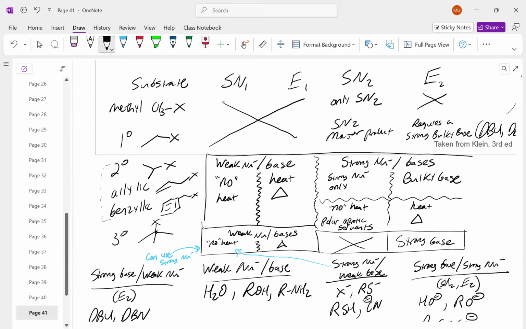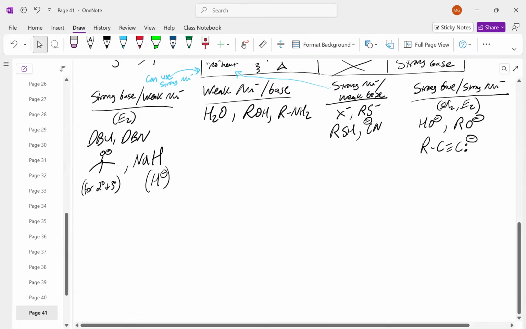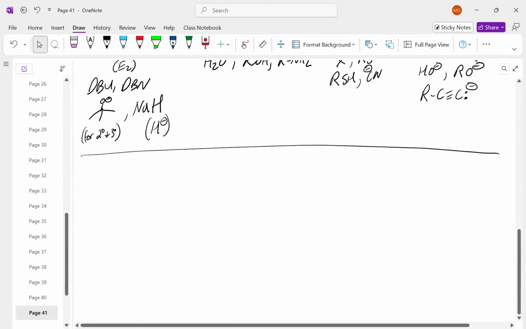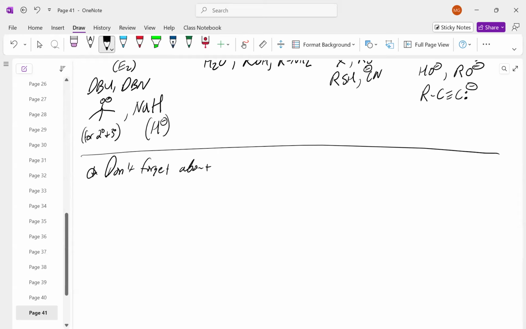Now, I'm going to get into some examples. Before I do, I want to highlight a few important things about this. Don't forget about regiochemistry and stereochemistry.